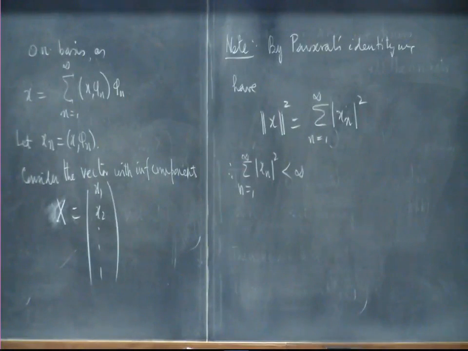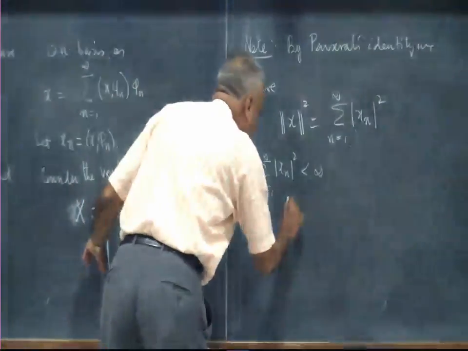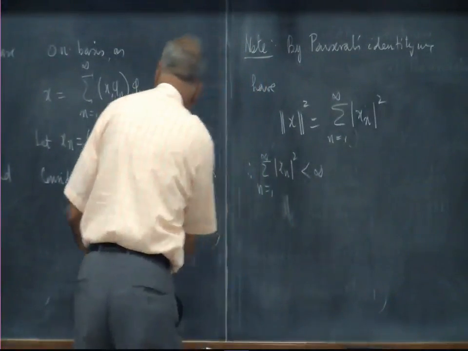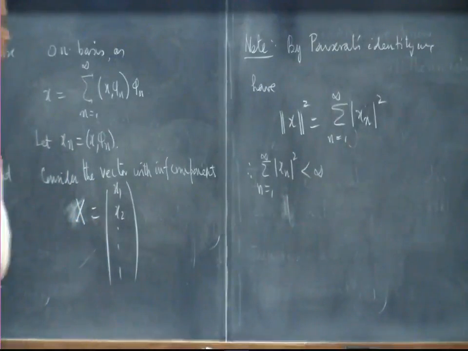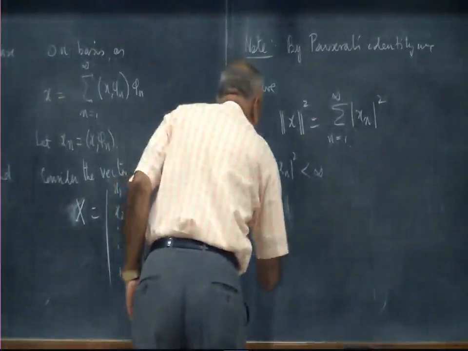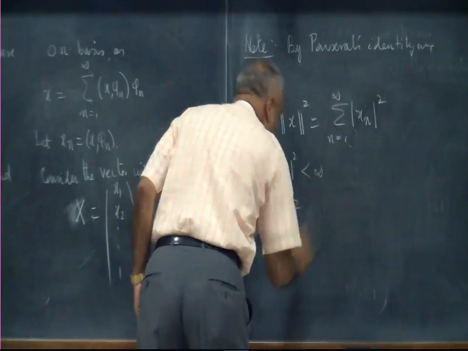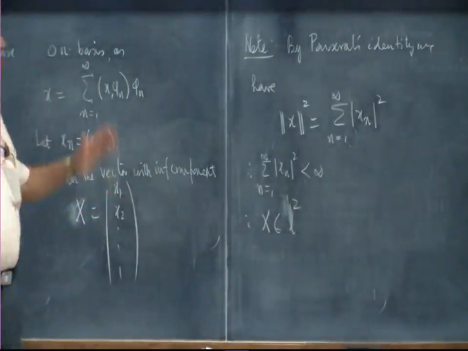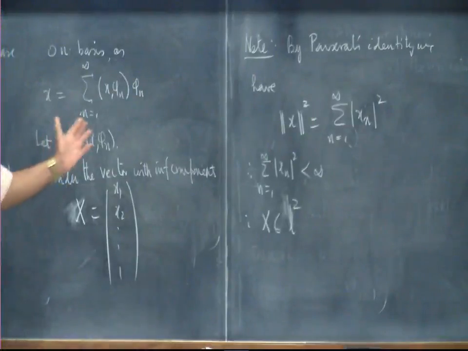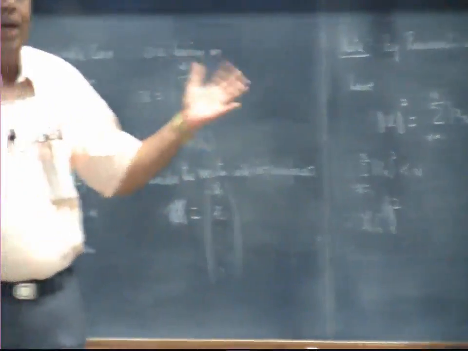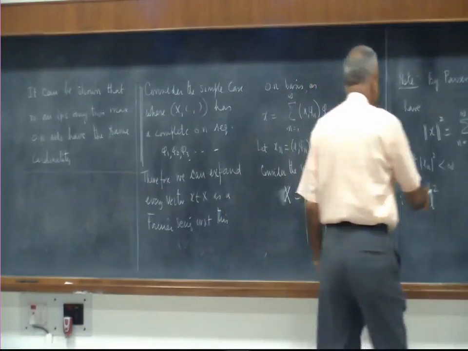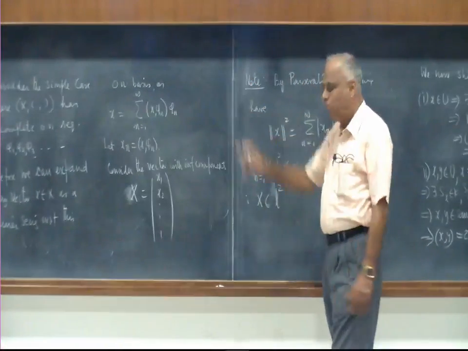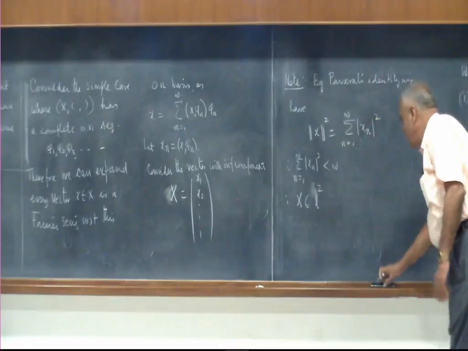This is precisely the statement that this sequence belongs to little l2. Let us assume everything is complex, so it is l2; if real, l2 of R.